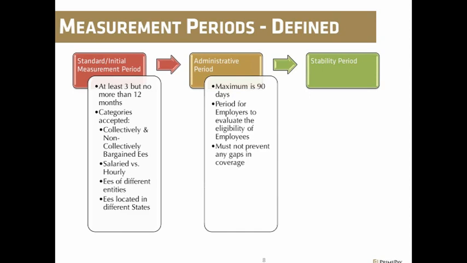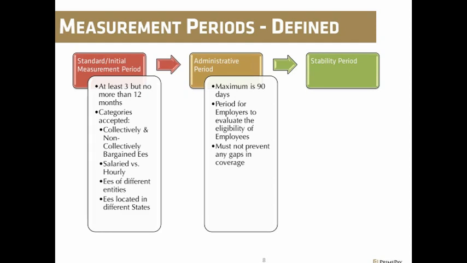Administrative period. The administrative period is the period of time once the standard measurement period has ended to provide an opportunity for the HR department, for the employer, to evaluate who has completed the standard measurement period and have they worked more than 30 hours or fewer than 30 hours.